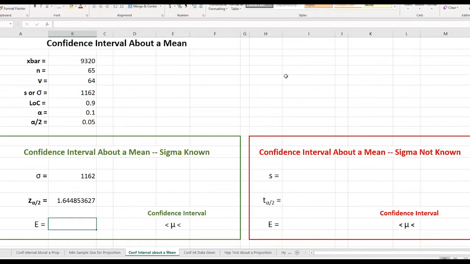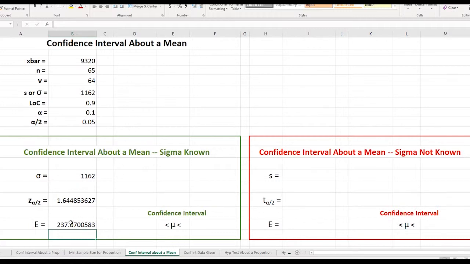So we type in equals z sub alpha over 2 times sigma, which I'm going to get from right here, over SQRT of n, enter. And there you see it, that 237.07, just like on the problem sheet.